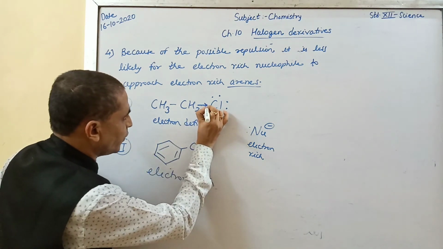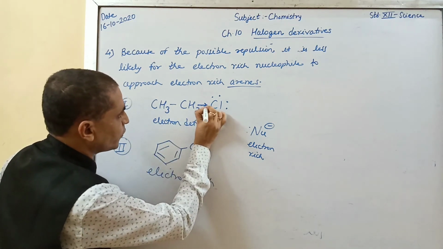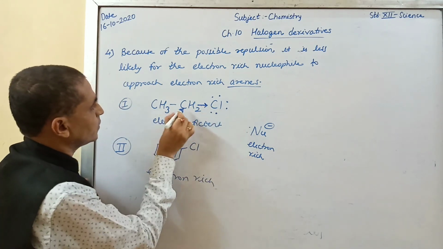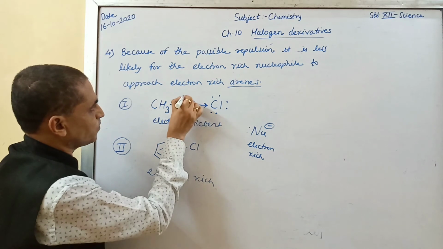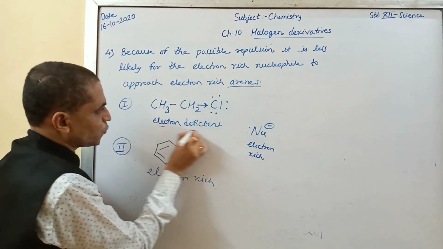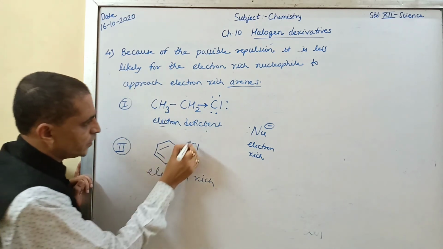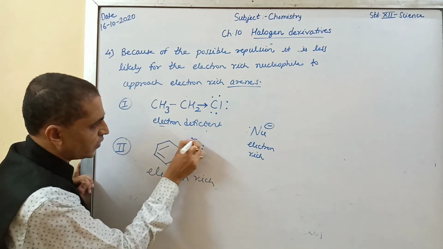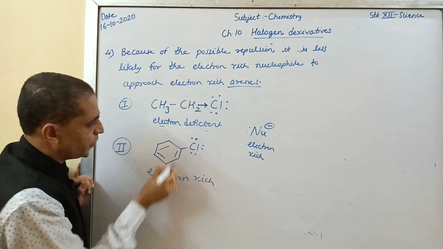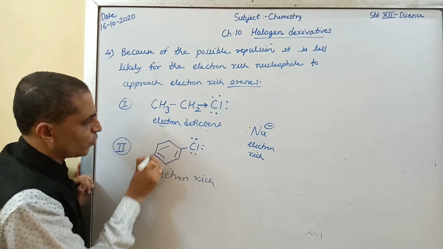What happens here? When this chlorine pulls away these two electrons with it, then CH2 gets a positive charge, and at that time it is electron deficient. But here it is always electron rich. Why? Because of the resonance effect. Chlorine is electron rich, as well as this benzene ring is also electron rich.